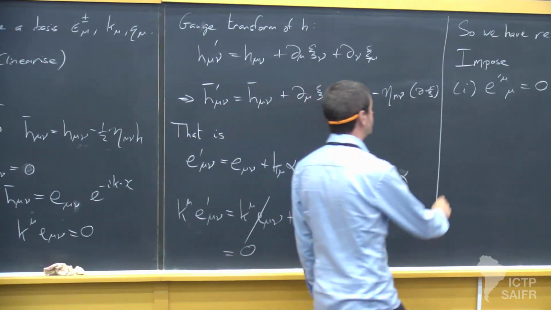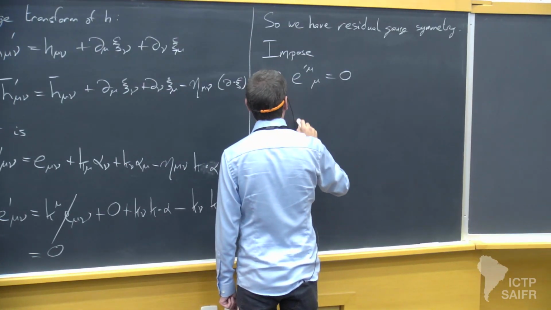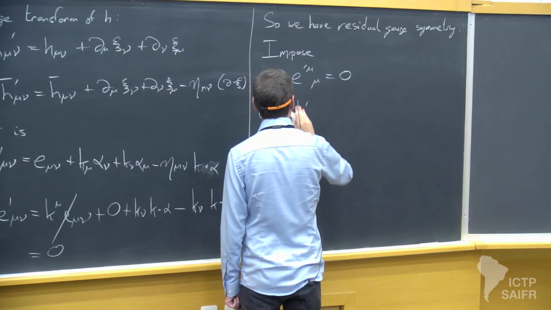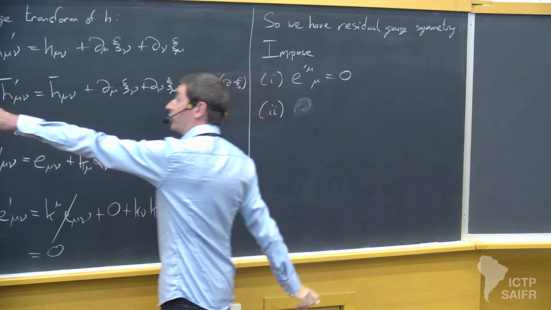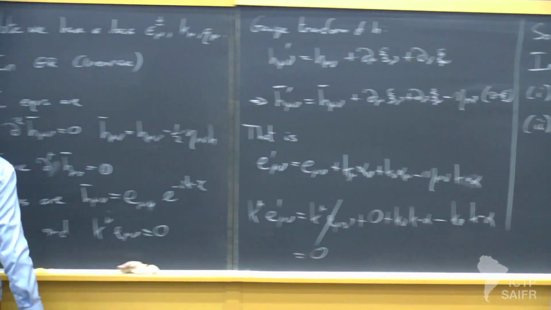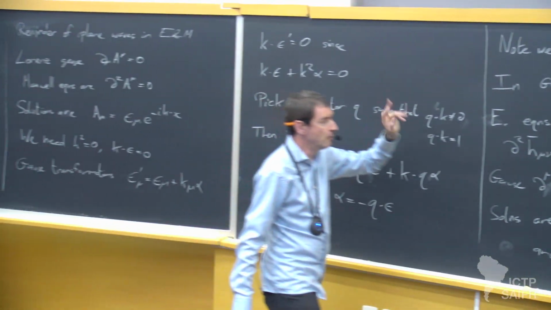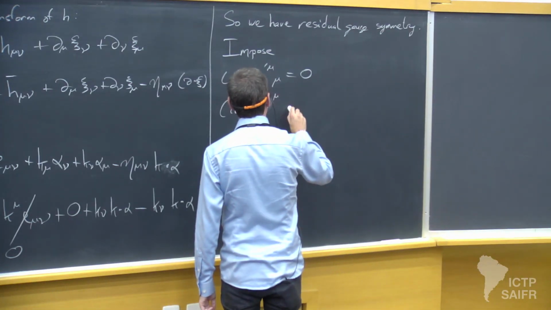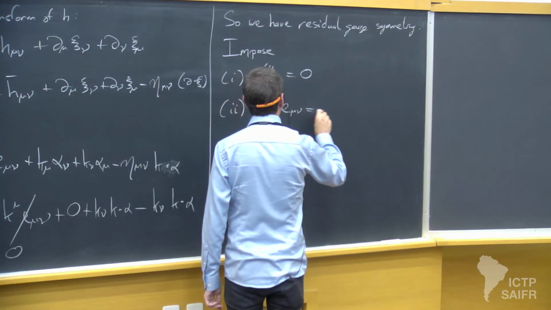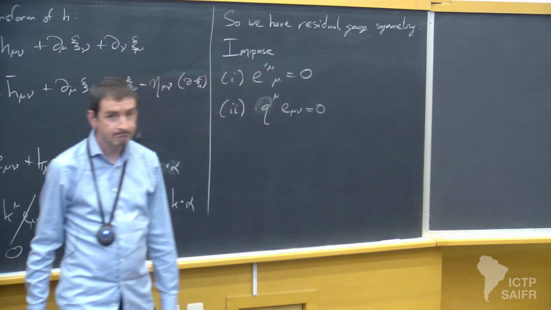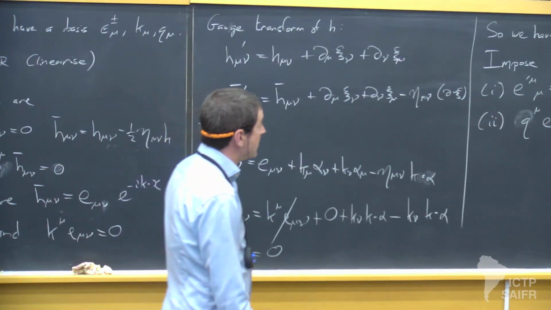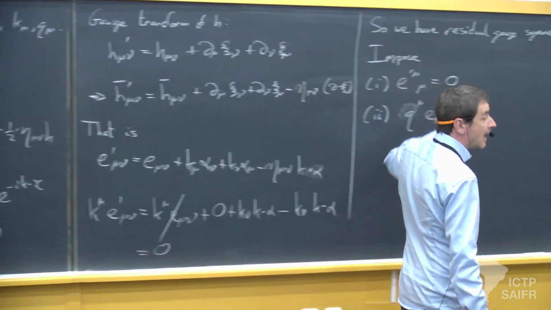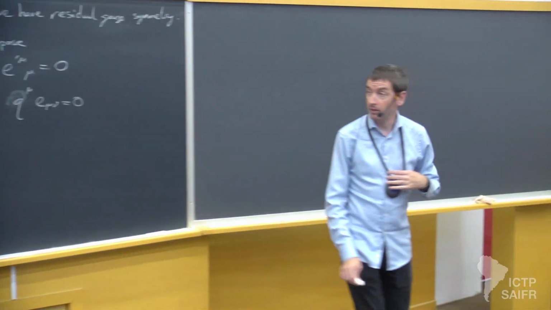And the second, I'll pick the same gauge vector Q, and I will demand Q^mu E_mu nu equals 0. Now you can go ahead and check that these are possible.